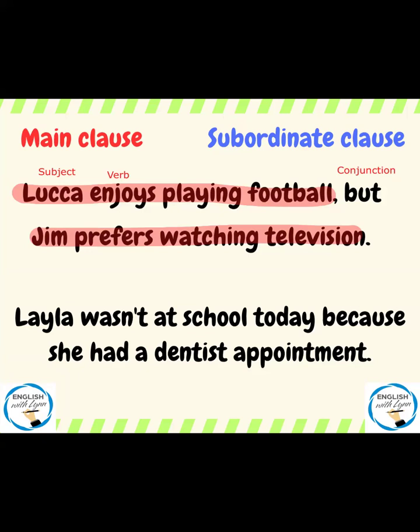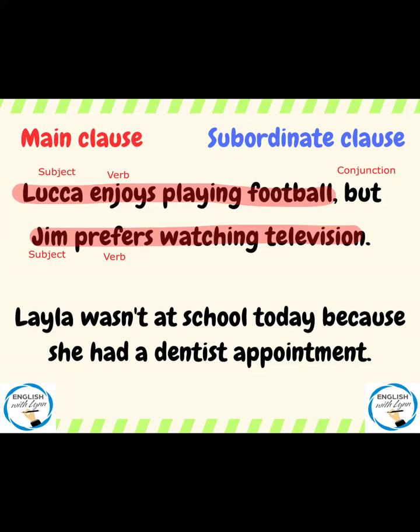Jim in the second part of the sentence is the subject, prefers is the verb, and watching television is what he prefers. Because this is a coordinating conjunction, it is a compound sentence, because you've got two main clauses linked with a coordinating conjunction. So there isn't a subordinate clause within that sentence.